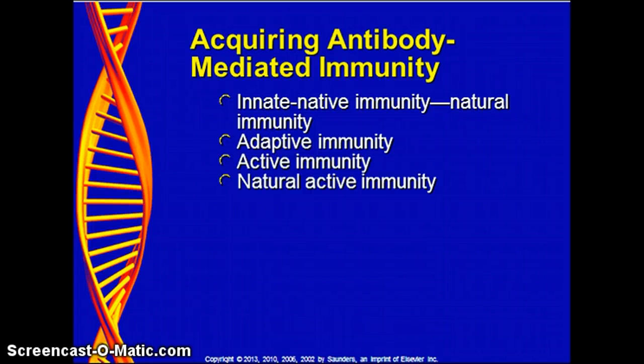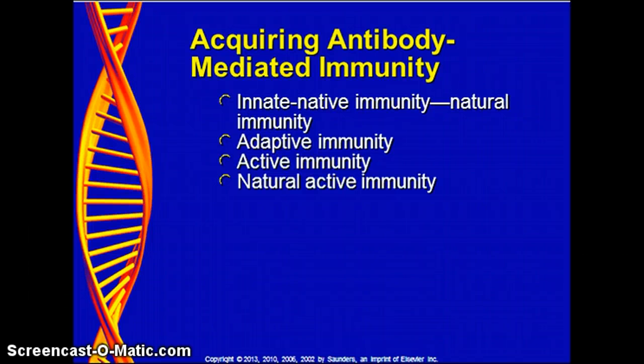The active immunity, the body takes part in making active antibodies. So with active immunity, that's the body actually taking an active role, so to speak, in the making of antibodies to help with immunity. Natural active immunity is, again, referring back to your chicken pox, so that antigen enters the body without human assistance. So I get exposed to chicken pox because of droplet exposure.